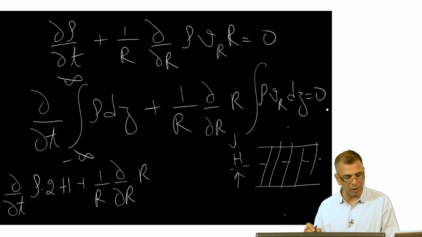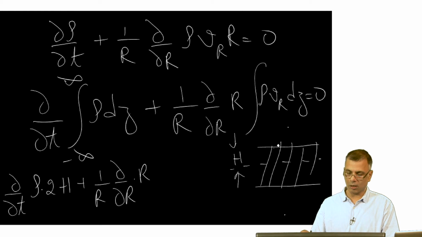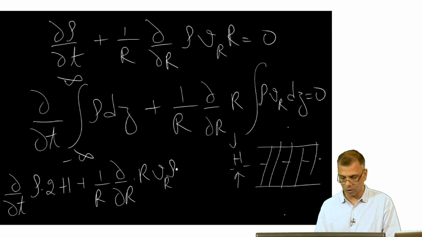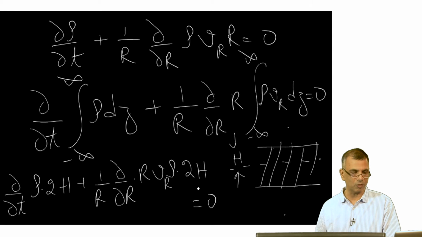Here formally they are allowed to be functions of z, whereas if I assume that there is no disk structure, I can pull both of these out, and this becomes r times Vr times rho times, okay, I forgot to write a minus infinity to infinity here. So this also becomes 2h. This is equal to 0. Now we're almost there.